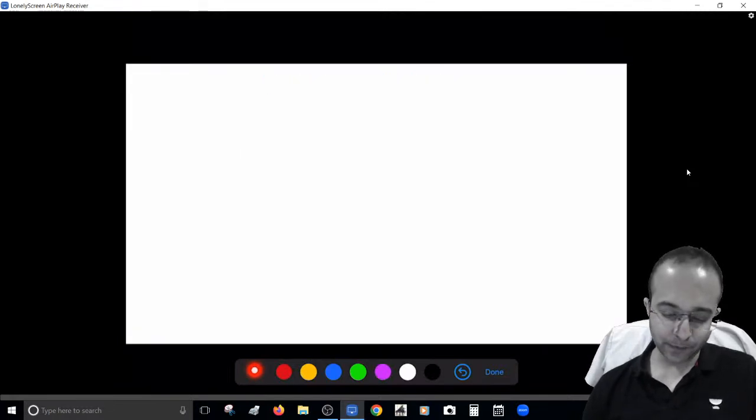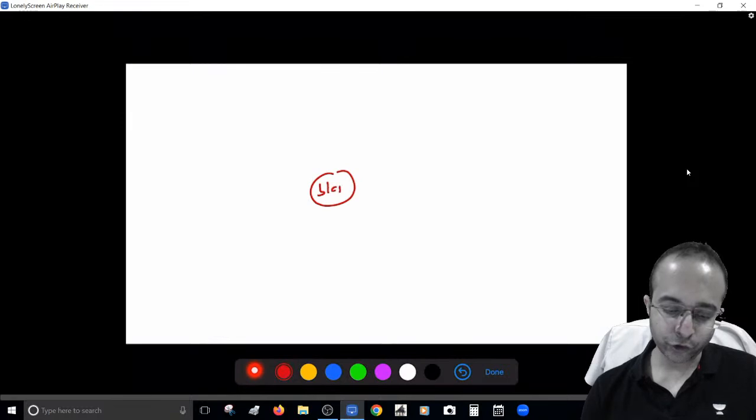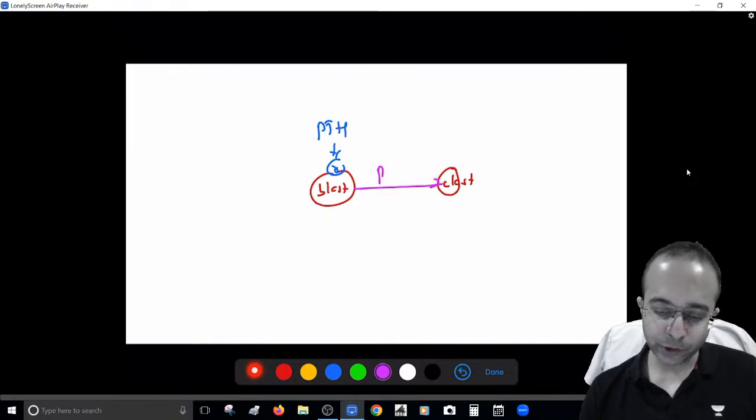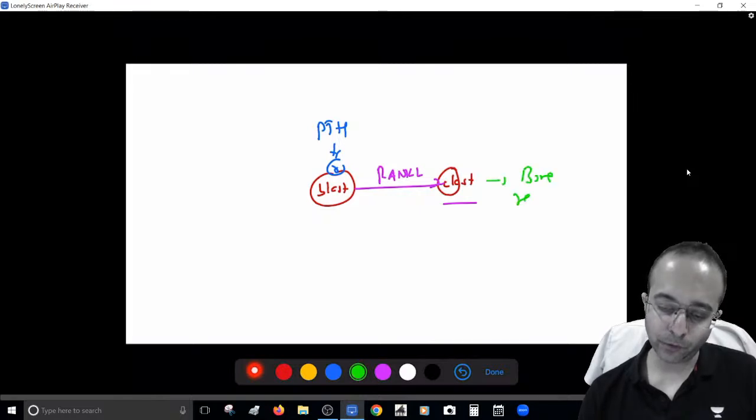So basically you're all familiar with this fact that this is the osteoblast and this is the osteoclast. The parathyroid hormone attaches to its receptor on osteoblast, and then by virtue of a protein called RANKL, a blast goes and activates a clast, and it is the clast that leads to bone resorption. I think everyone is clear with this cycle.